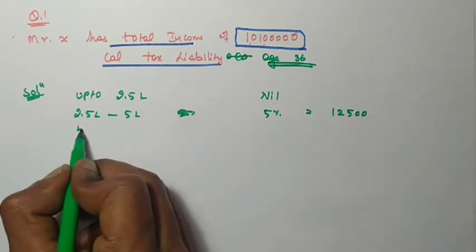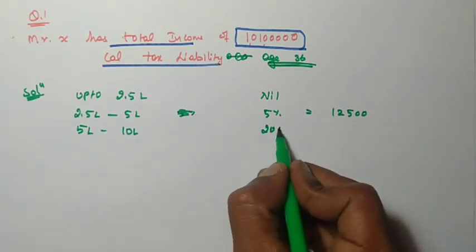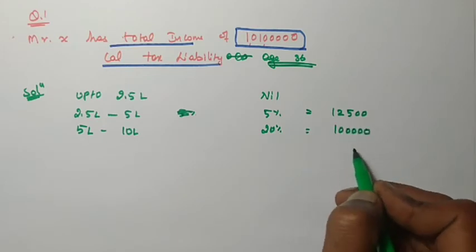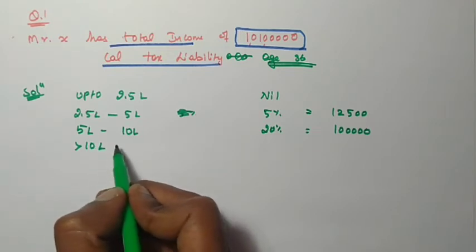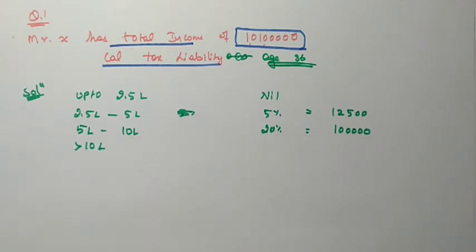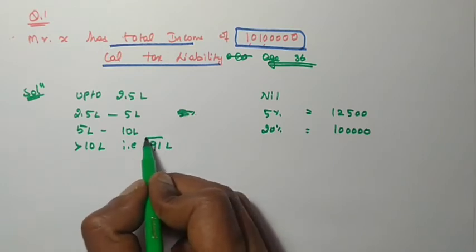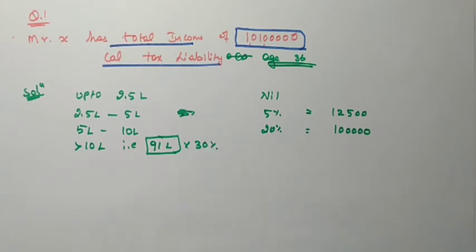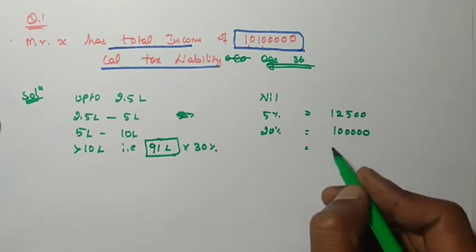From 5 lakh to 10 lakh, 20% is equal to 1 lakh. Above 10 lakh, that is 91 lakh into 30%. It comes to 27 lakh 30,000.